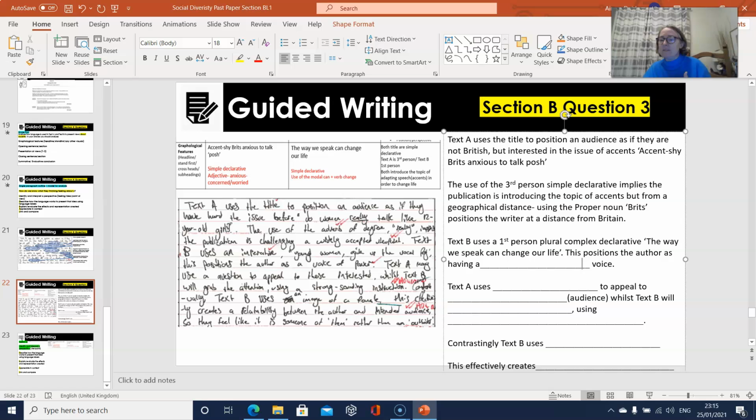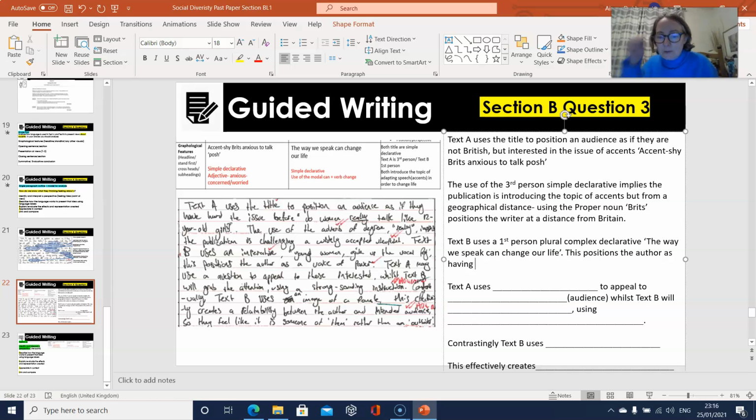What kind of voice then does that create? Why the first person? What does it change? So it says here then text B uses an imperative. This positions the author as having a voice of power. So why first person? When anything's in the first person, it's that sense of it's a shared experience, that they're invested, that they are personally connected.